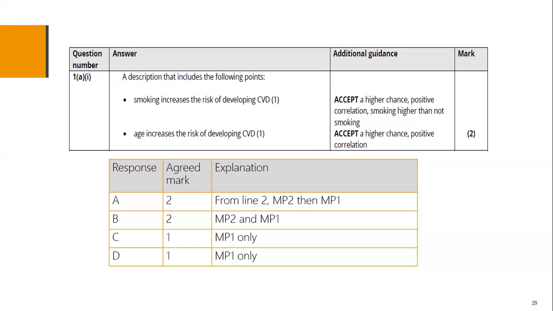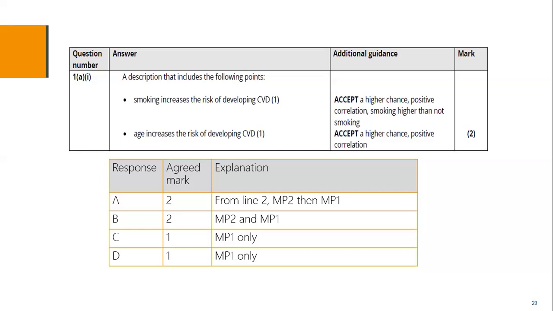Response C has only 1 mark because smokers have a higher risk of developing CVD than non-smokers. The second statement just picks out 2 things from the graph. It says 45 and above have the biggest effect on smokers, but it doesn't clearly state that age increases the risk of CVD.